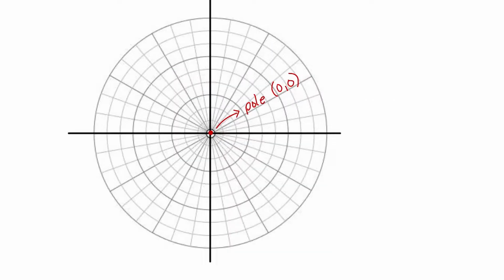Let's go ahead and scale the polar axis. I have 1, 2, 3, 4, 5, 6, 7, 8, 9, 10, and on the left side, I have -1, -2, -3, -4, -5, -6, -7, -8, -9, -10.